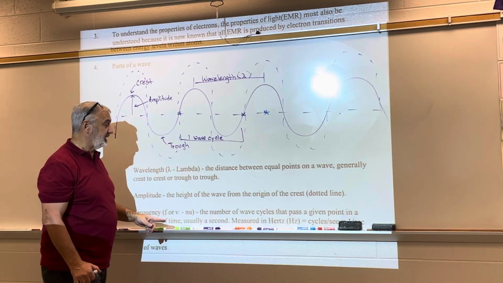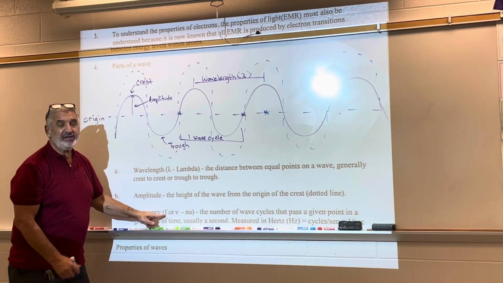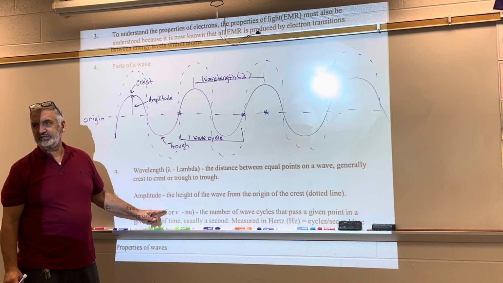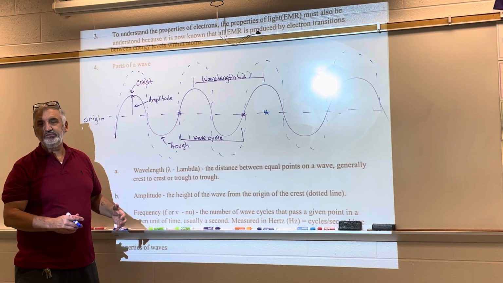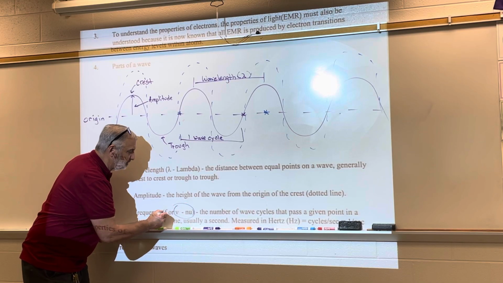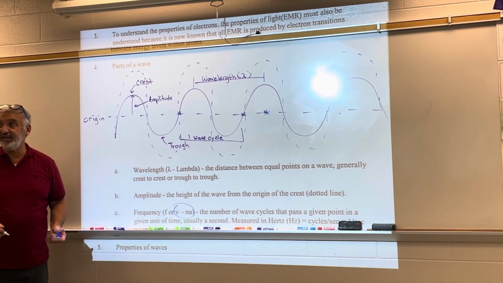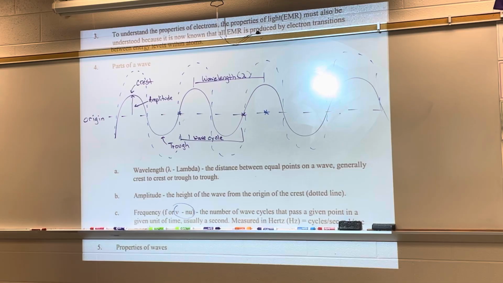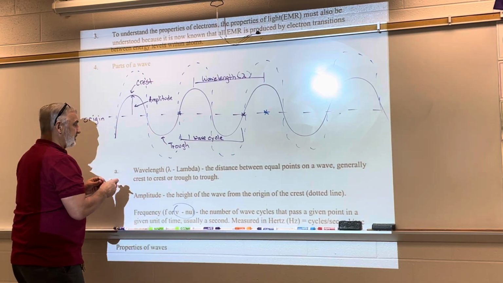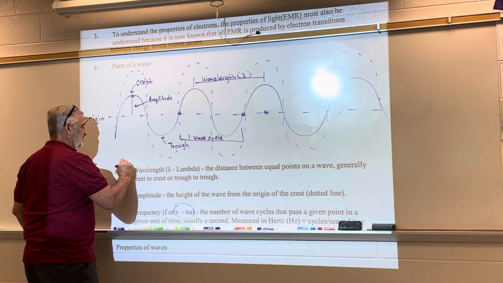And frequency uses, now, back in the day when I first did these notes, I used F a lot for frequency just because it made more sense. But most books now, they all use the Greek letter nu, N-U, which looks like a V. So we're going to use nu in our equation. So if I'm looking at this, and then I go and I put a different wave, and I'm just going to kind of do here.